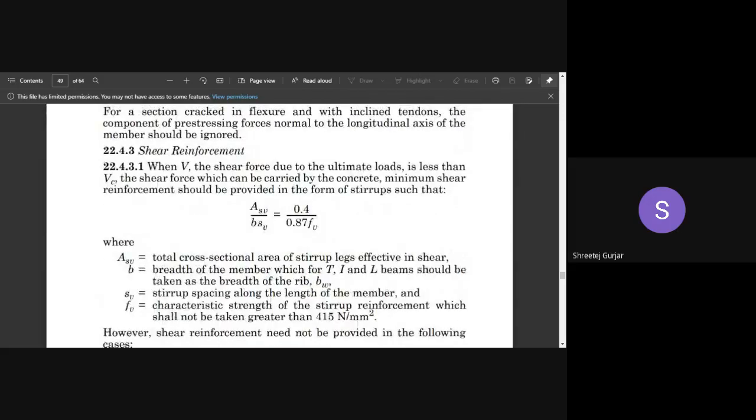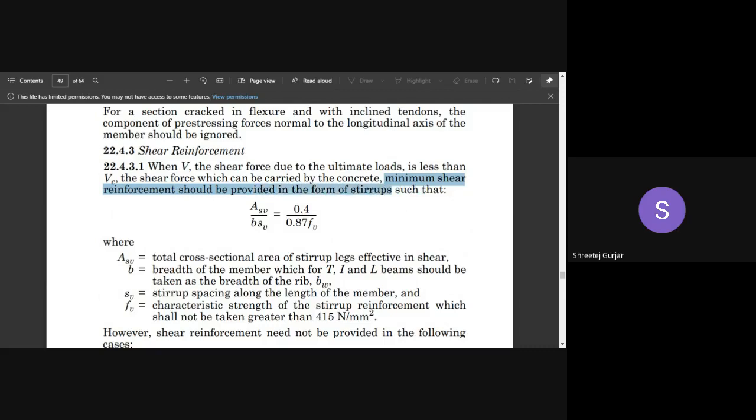Now, suppose V is less than the shear force capacity. If it is the first case, meaning your capacity is higher than the load which is acting, in that particular case the shear force may be carried by the concrete, right? Minimum shear reinforcement should be provided in the form of stirrups.